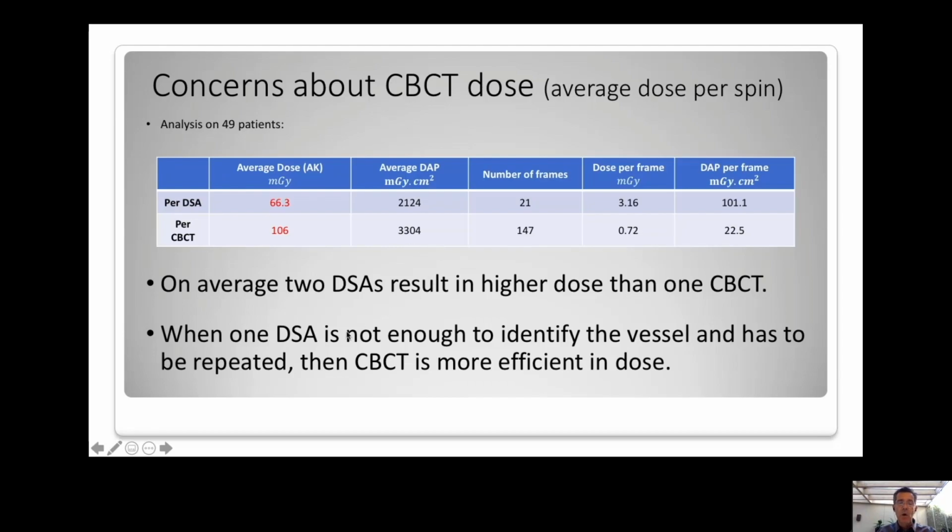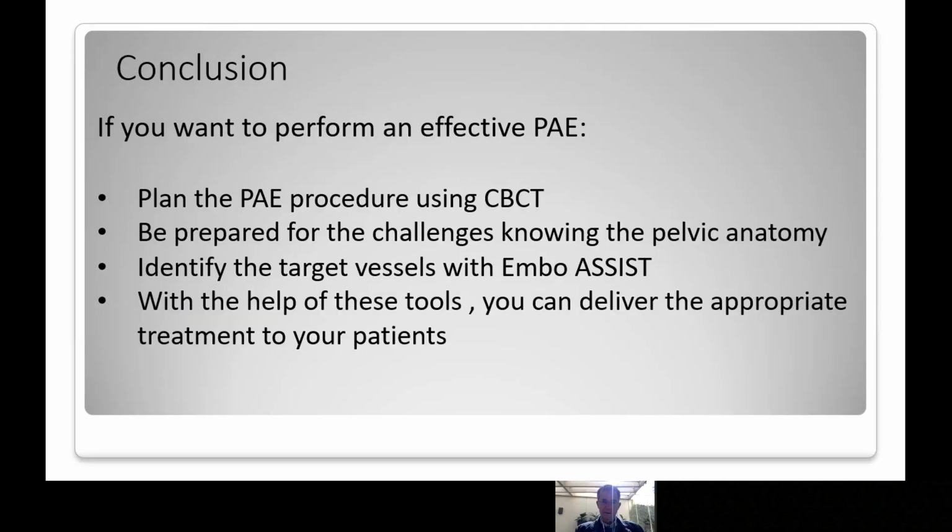It means that when one DSA is not enough to identify the prostatic artery, the main vessel that we need to catheterize, and you have to repeat another DSA, Carnevale CT is really more efficient.